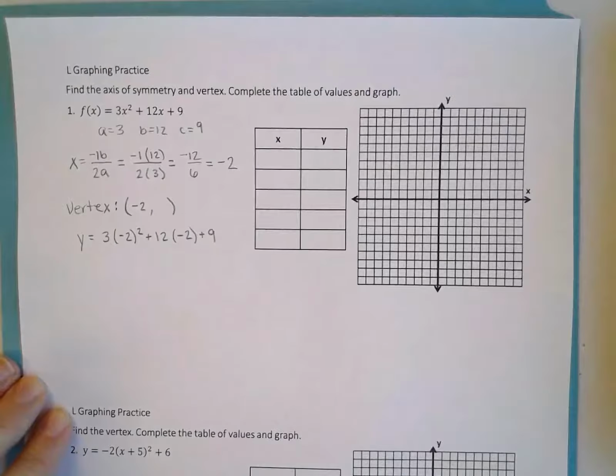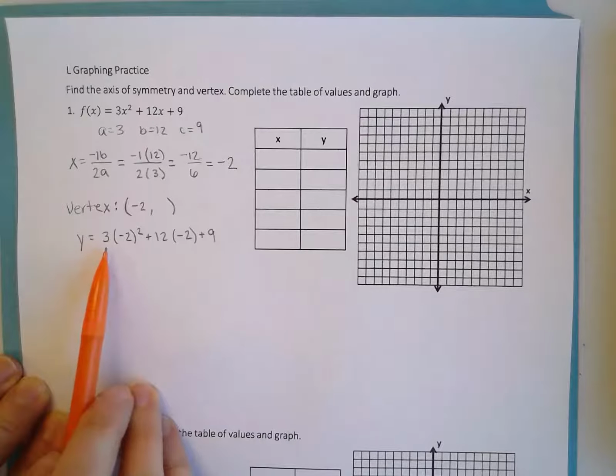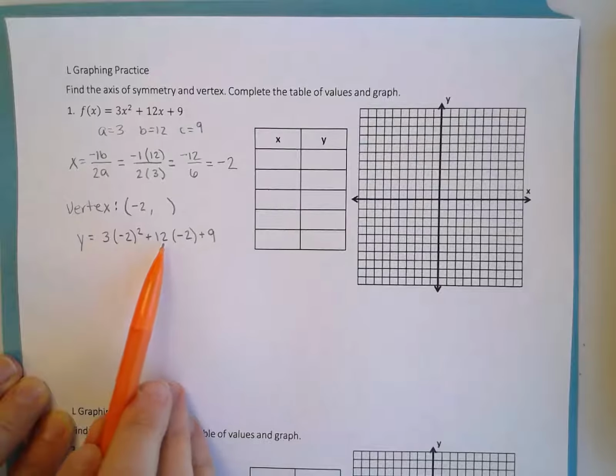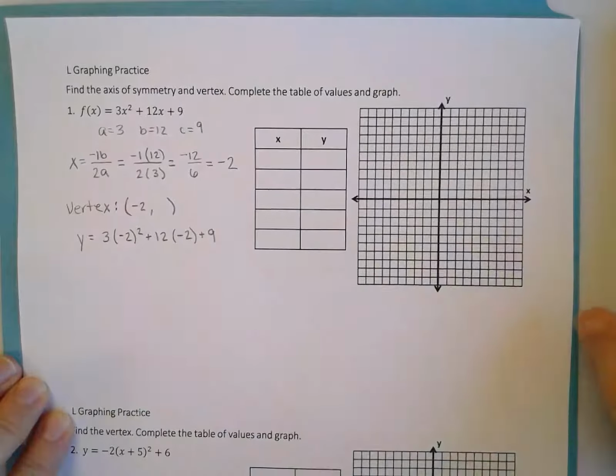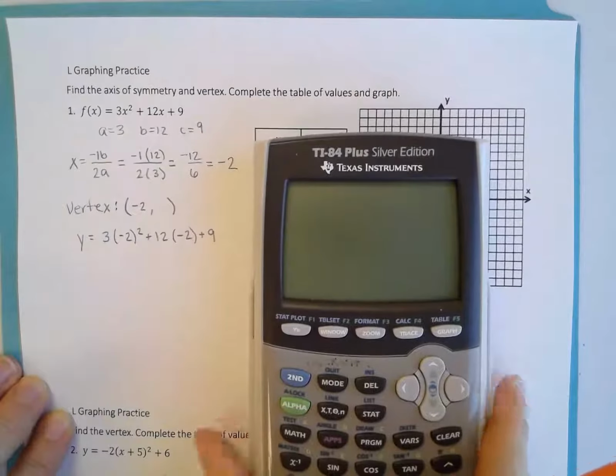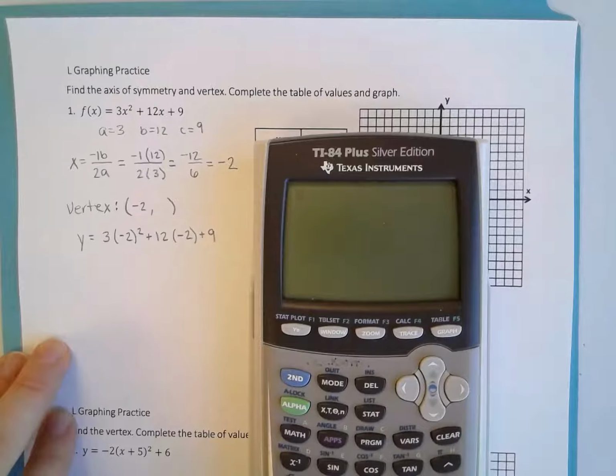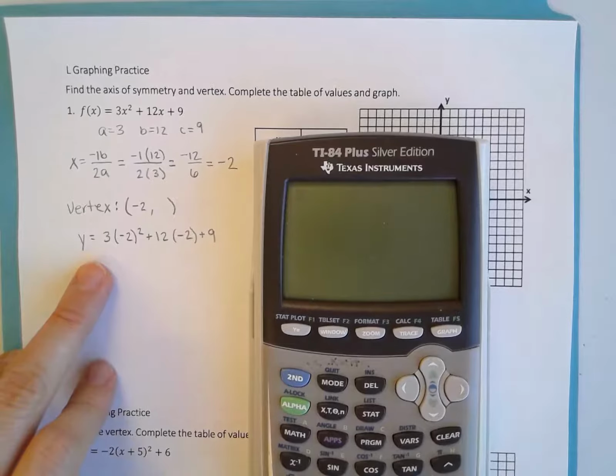You could follow order of operations, being very careful. Exponents first, then multiply. You can do the 12 times negative 2 at the same time and then add all of those terms. Or punch all of this in the calculator, again, being careful that you punch everything exactly as you see it.